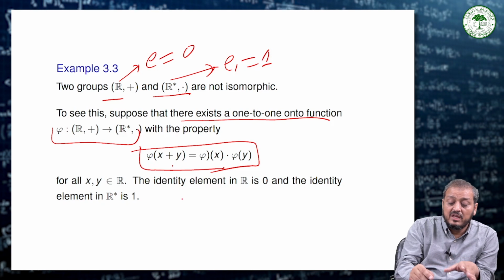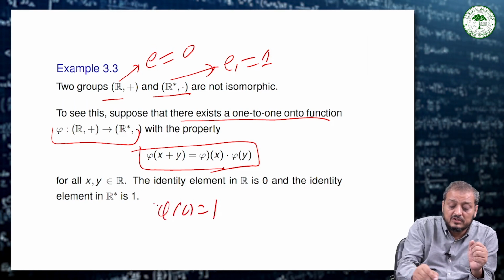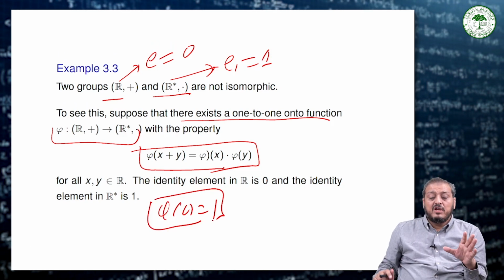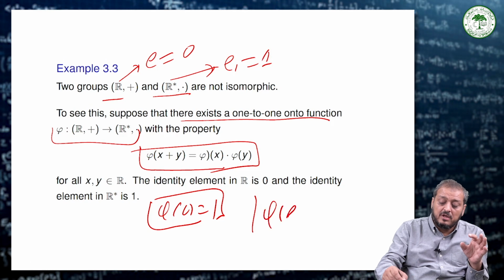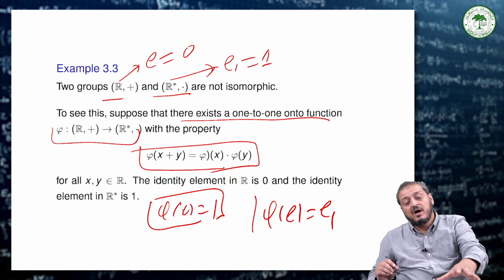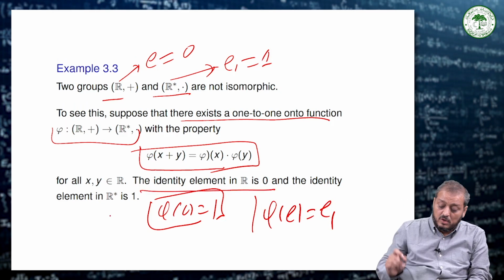One thing is very clear: whatever map we define, phi of 0 always goes to 1. By the identity property, phi of e is always equal to e1. So phi of 0 is the same as the identity of R star.